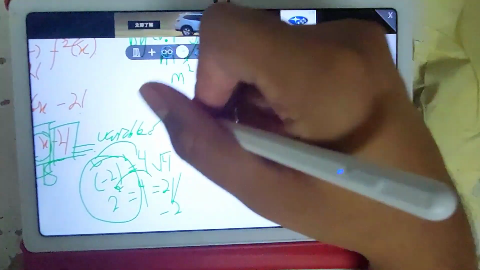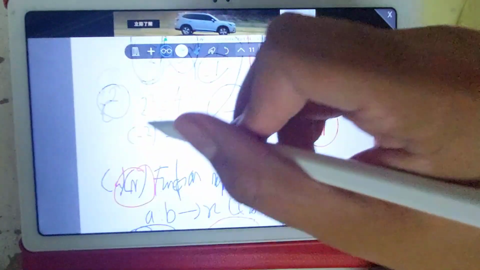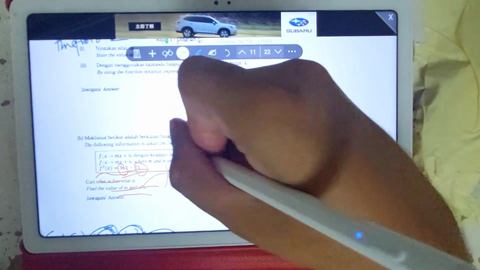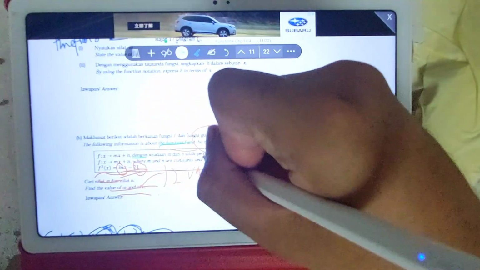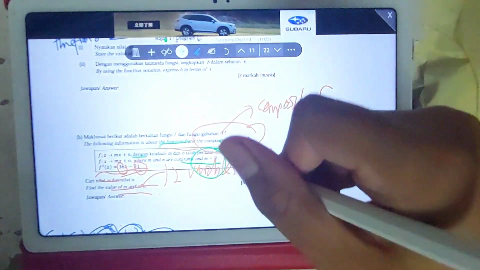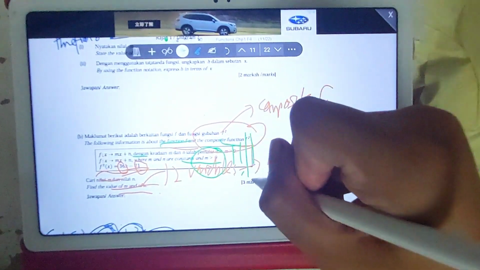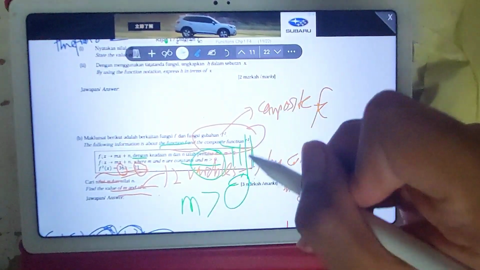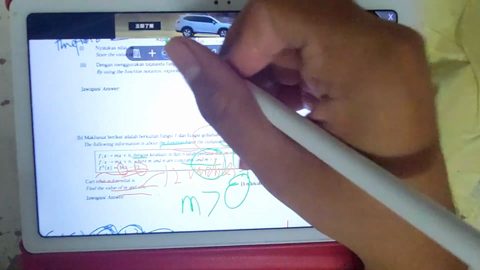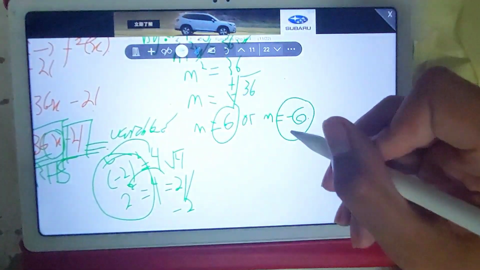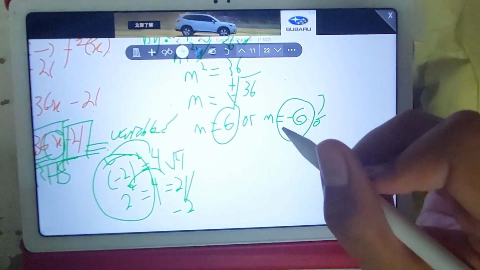But here is where you need to read back the question. Do they want two values of m? You read here, a big condition they gave you. Take note of this one. They said m is greater than 0. So when you look back to your answers, can this be accepted? You should question yourself.